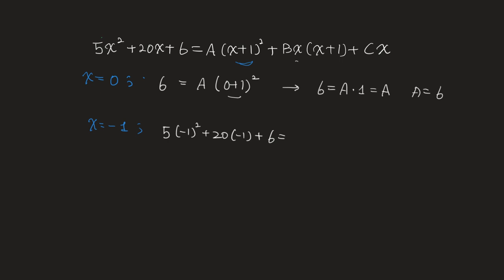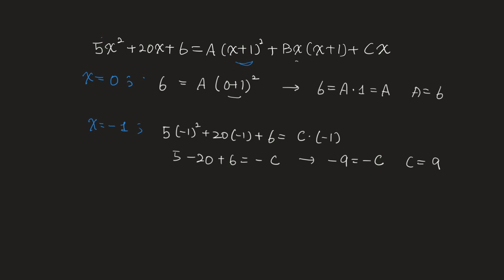On the right side, the first two terms are 0, and the last one is C times negative 1. That's how you efficiently find it. So 5 minus 20 plus 6 is negative 9, equal to negative C. C is going to be 9.